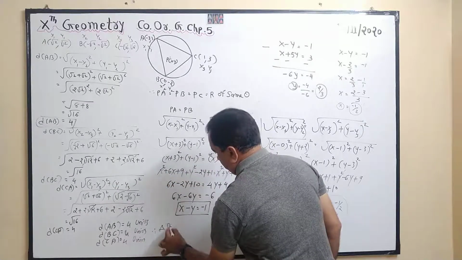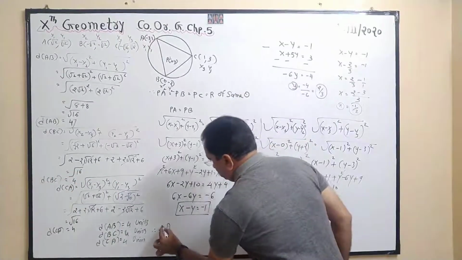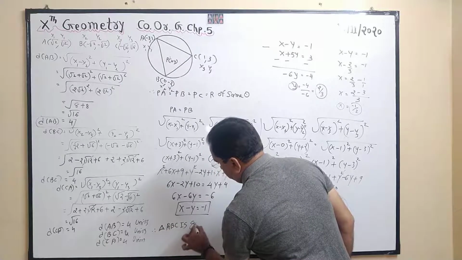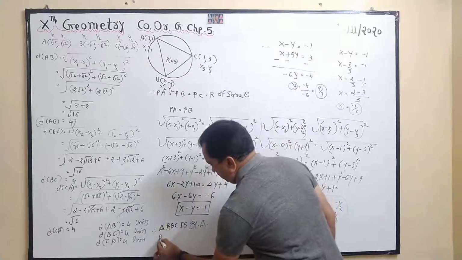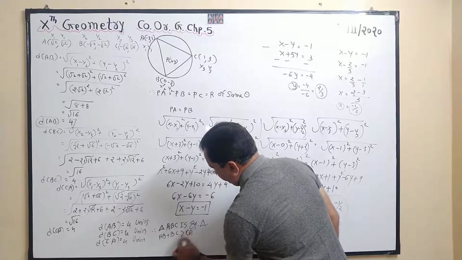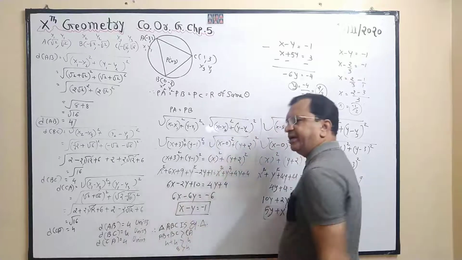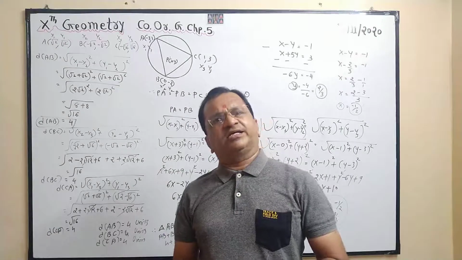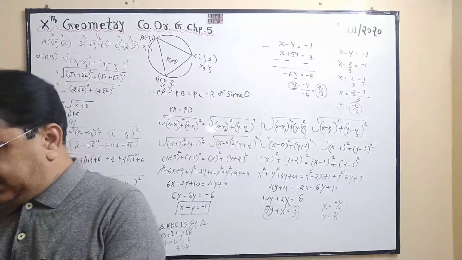Therefore, triangle ABC is an equilateral triangle. And also you can say AB plus BC is greater than CA, means 4 plus 4 is greater than 4, 8 is greater than 4. That's why the triangle is possible, and it is an equilateral triangle. When it is equilateral, then the triangle is possible. Okay, like that you can join that.